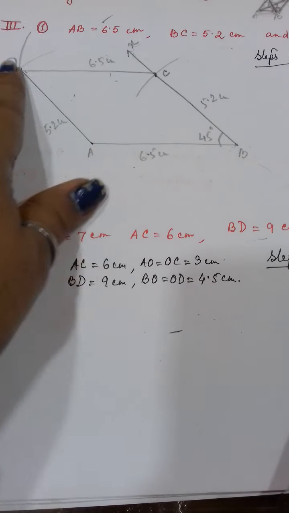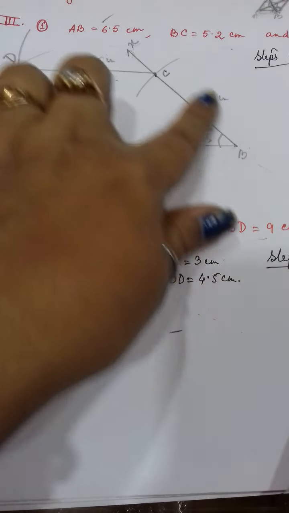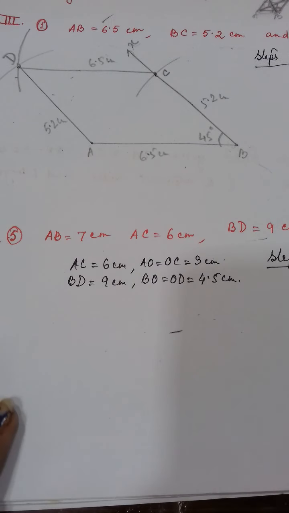Okay? These two you will join, then you will get ABCD, the required parallelogram.